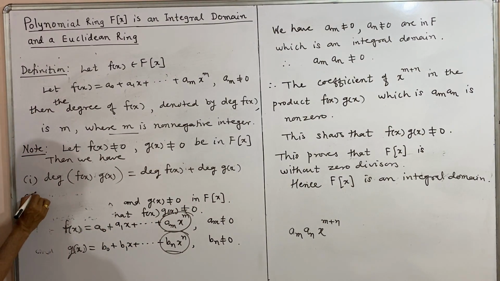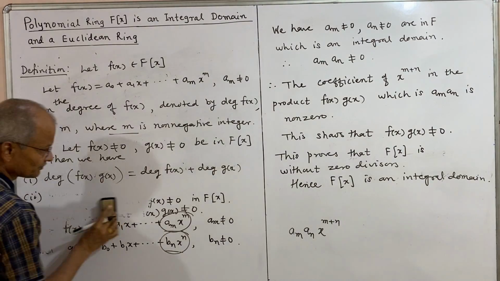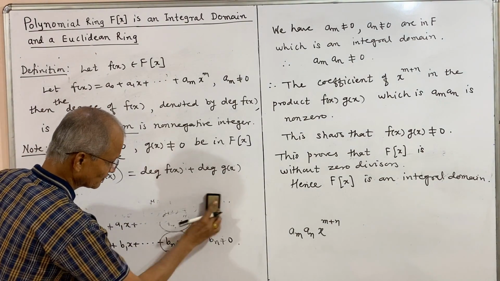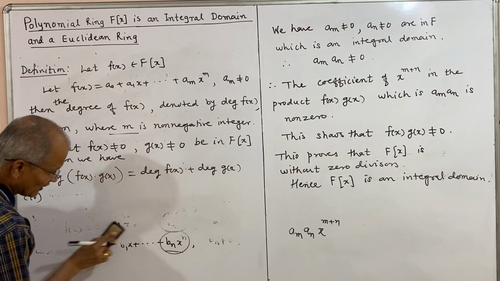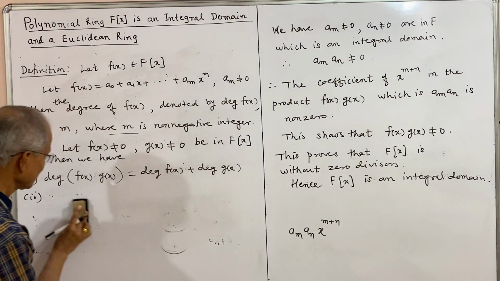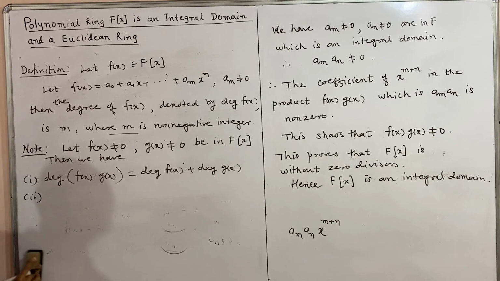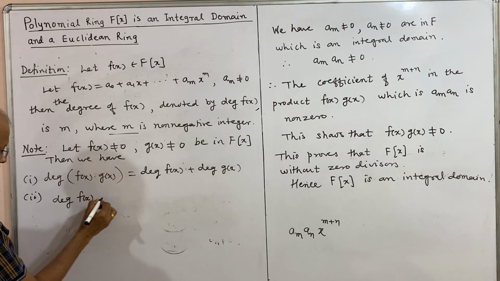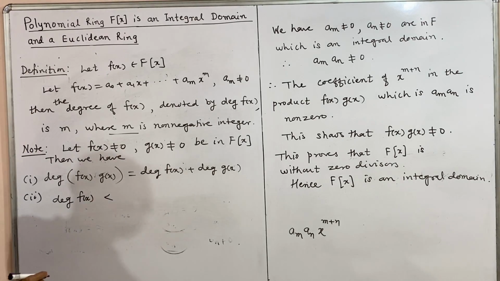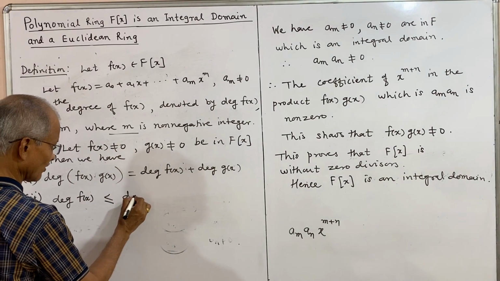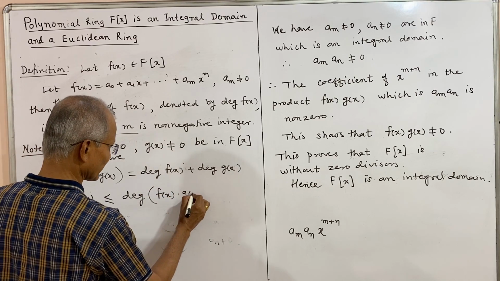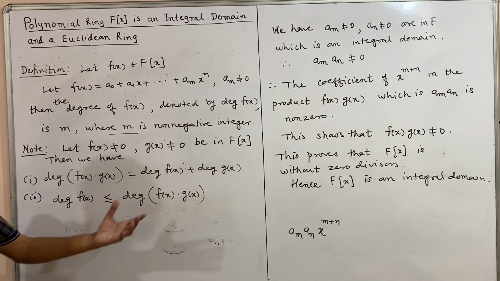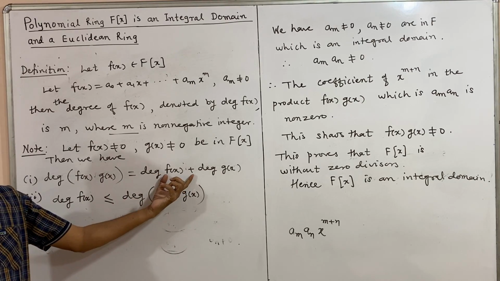And the second follows from the same: degree of f(x) is less than or equal to degree of f(x) into g(x). This is obvious, because what is the degree of f(x) into g(x)?